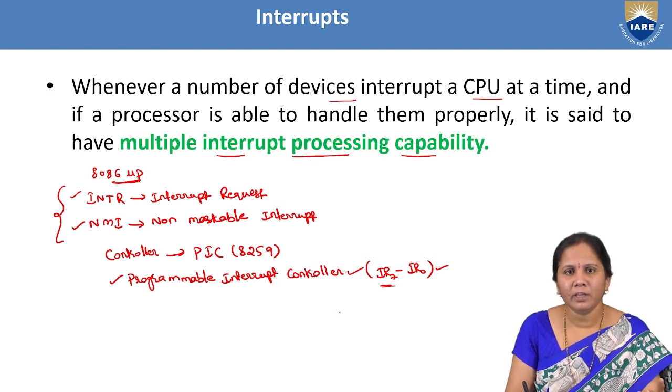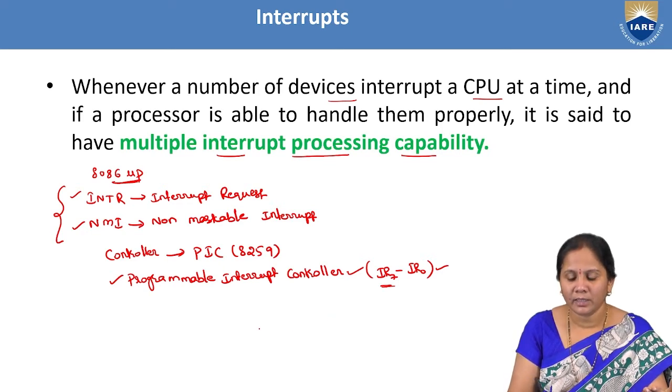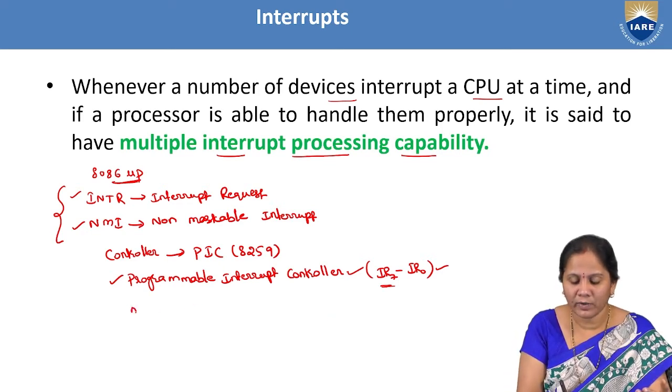For example, if we want to handle more than 8 interrupts, then we have to connect 8259 ICs together.